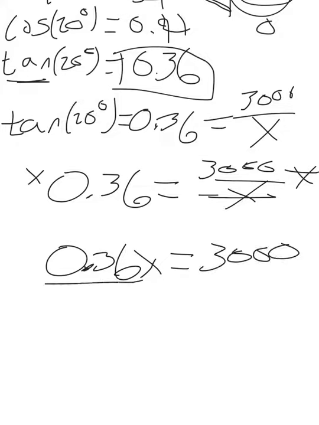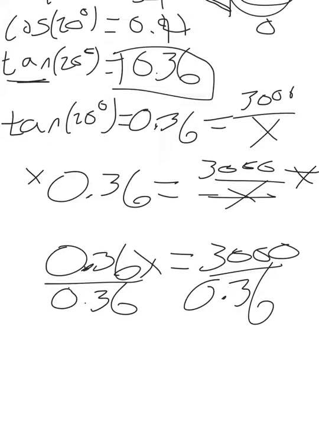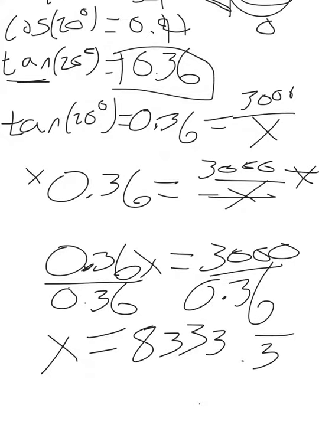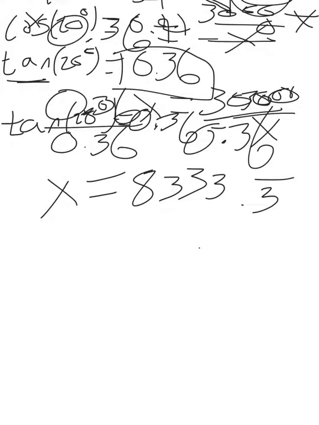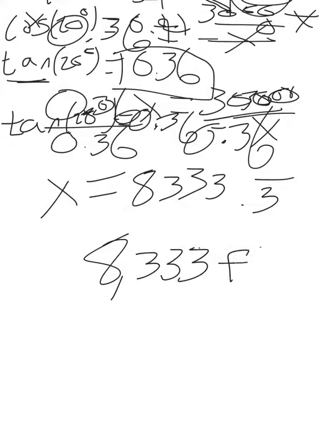Our last step is to divide by 0.36. Now we plug that into a calculator, and we get that our missing side length was 8,333.3 repeated, but it said to round to the nearest foot, so this length was 8,333 feet, right on the dot.